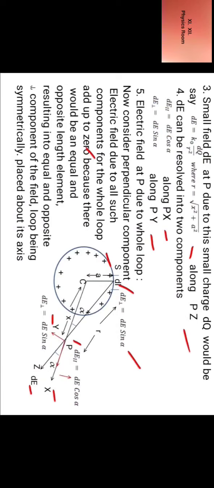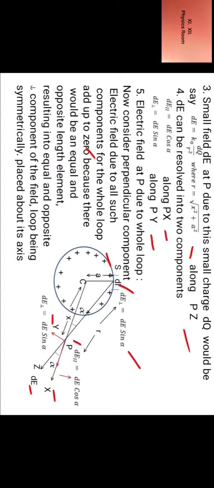I repeat, because loop is symmetrically placed about its axis, there will be an equal and opposite length element which will generate an equal and opposite perpendicular component which will cancel in pairs.